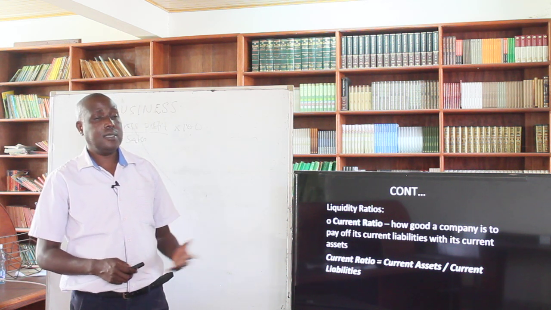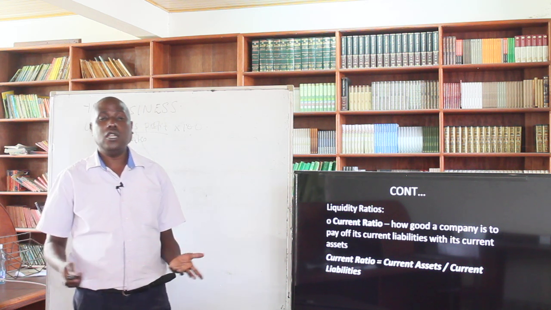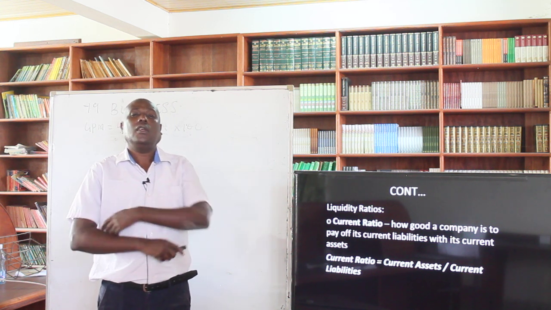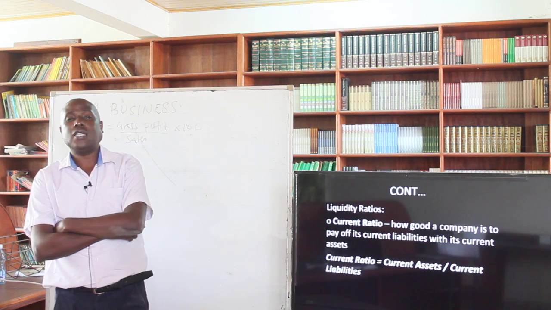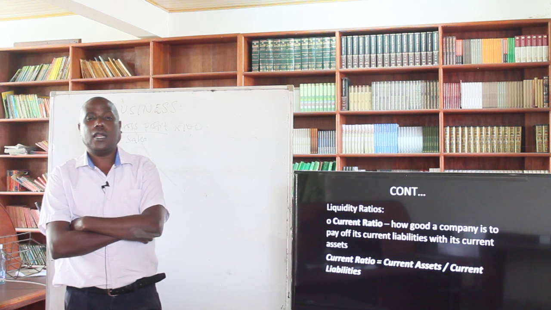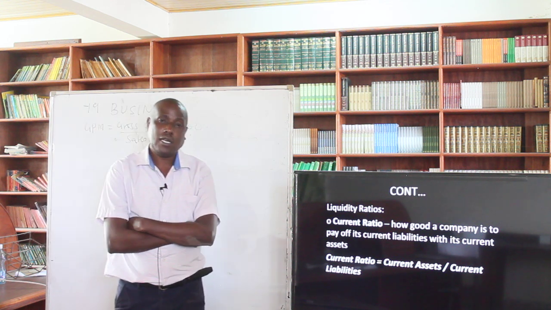Now the second ratios we talked about are the liquidity ratios, and we'll start by looking at the current ratio. This one shows us how good the company is at paying off its current liabilities with its current assets.